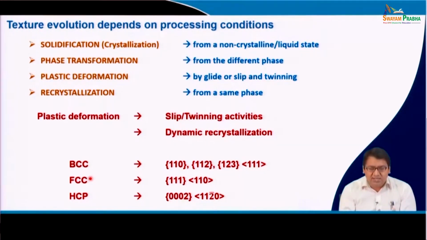Depending upon this stacking fault energy, the fraction of deformation twinning during the deformation, apart from slip systems, will vary. The fraction of slip that is occurring in the material will vary, thereby affecting the texture. So, due to the stacking fault energy also, the deformation texture or the evolution of texture varies.